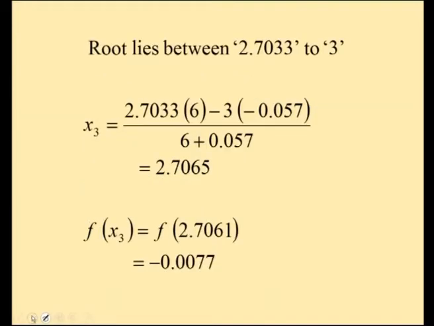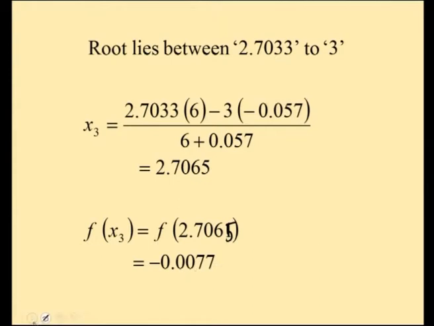So the root lies between 2.7033 and 3. So x3 is equal to 2.7033 into f of 3 minus 3 into f of 2.7033, divided by f of 3 minus f of 2.7033, and the answer comes to be 2.7065.